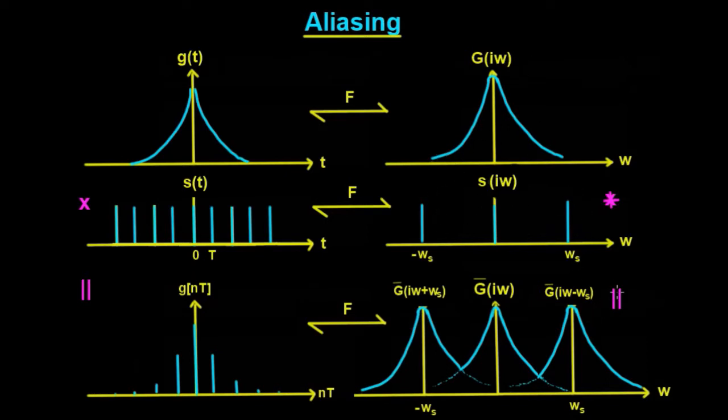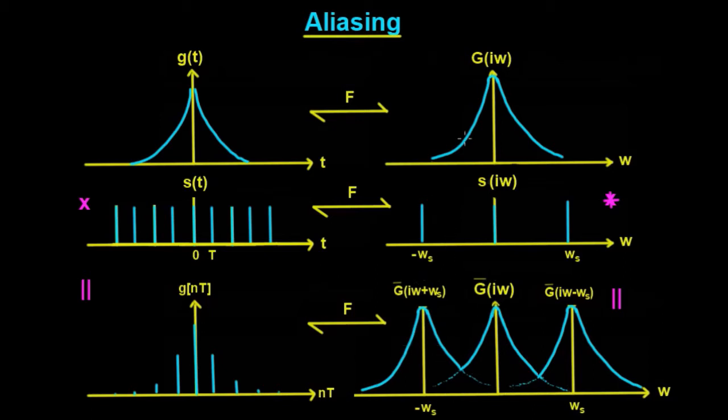Another thing not proven here but proven in that course is that if we convolve a function with an impulse train, it's equivalent to taking the function and recentering it at each of the impulses. That's what I've done below. We've convolved this by simply taking this function and recentering it at omega s and minus omega s.